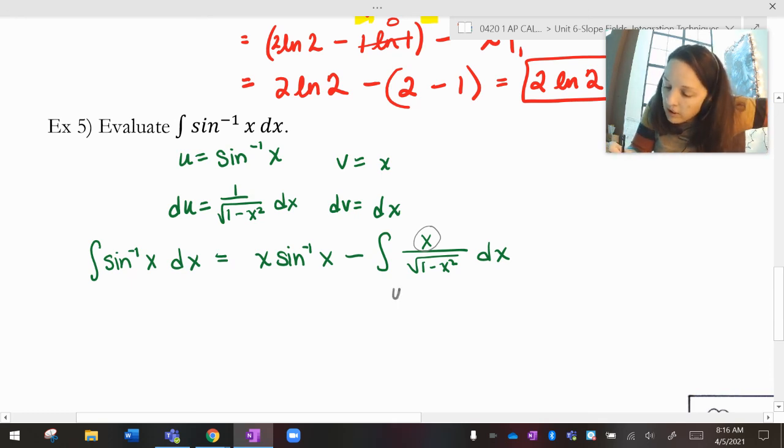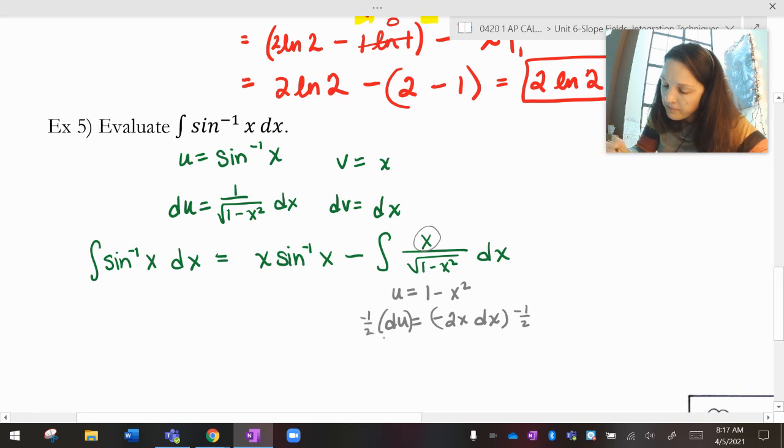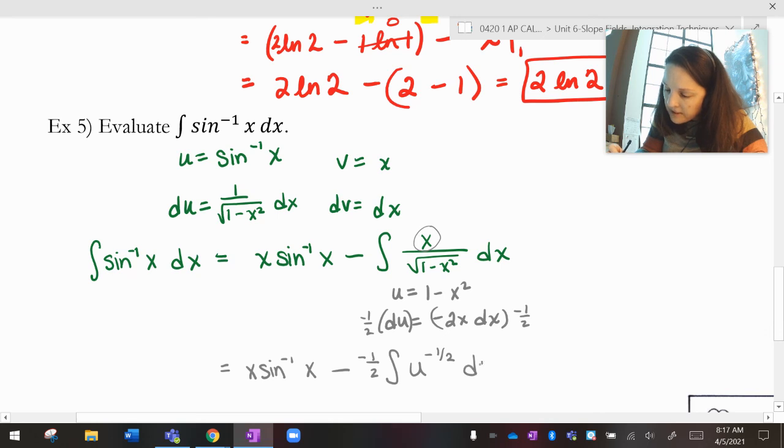So I come over here and I say, all right, I got to evaluate this with a u sub. u is 1 minus x squared. du would be negative 2x dx. Okay, and I don't need the negative 2x, so I'm going to multiply both sides by negative a half. All right, so then this is going to be x inverse sine x minus negative a half, the integral of u to the negative 1/2 du. Make that a plus over here.